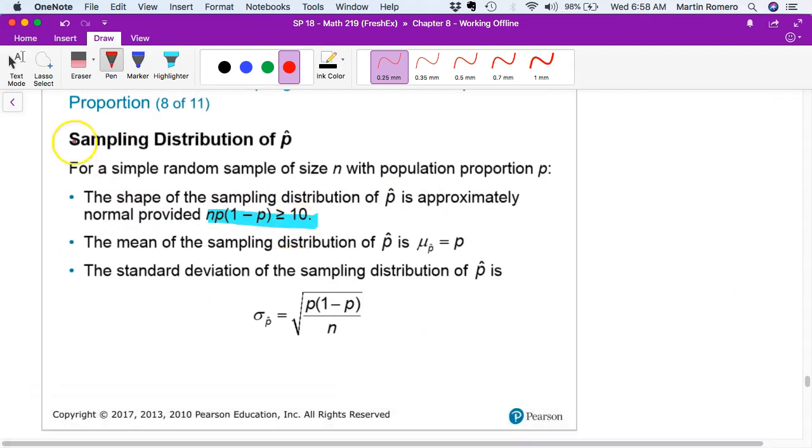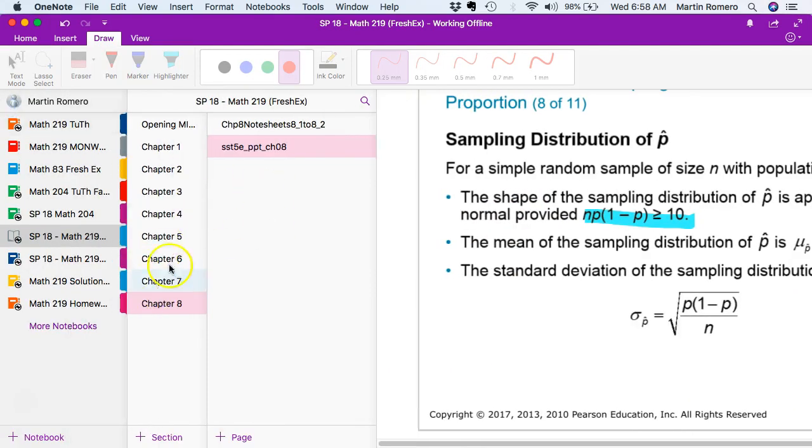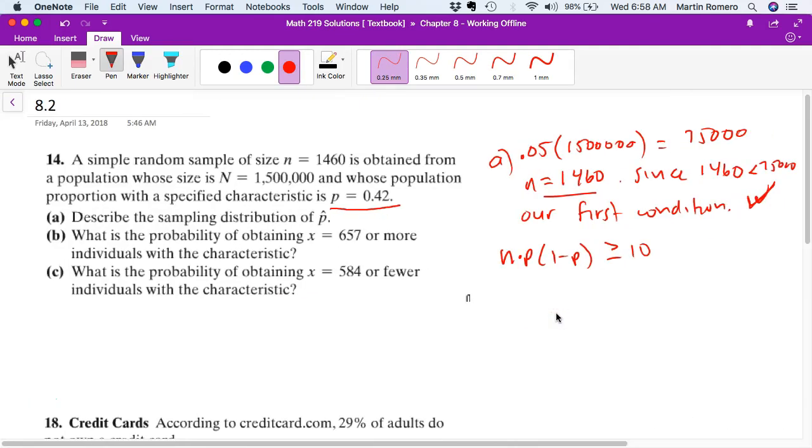Let's verify that. We put in the numbers: 1460 times 0.42 times 0.58 equals approximately 355, and that's greater than 10. So we have that other important condition, and the distribution is going to be normal.